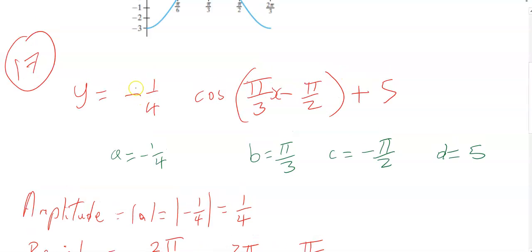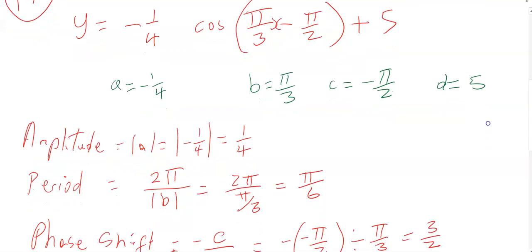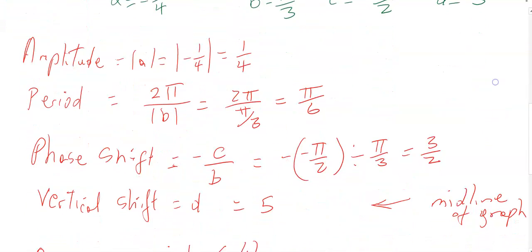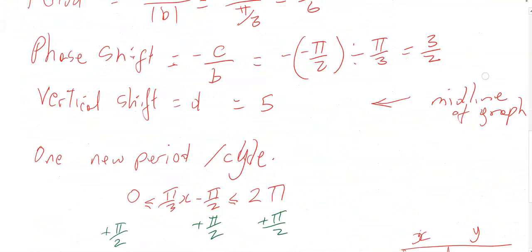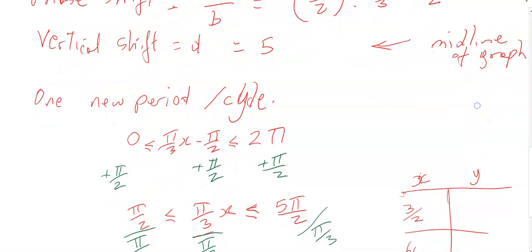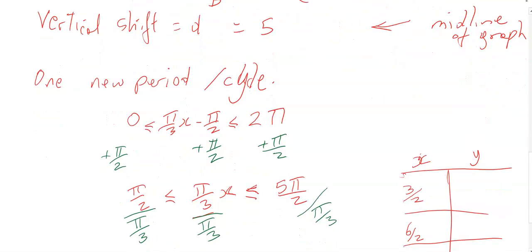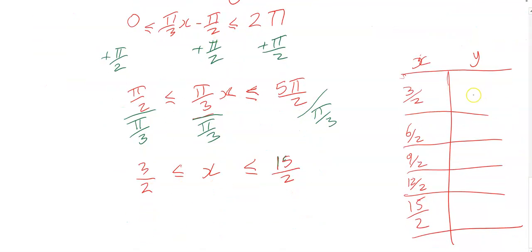Cosine function is going to be negative, so there's going to be a minimum where 3/2 matches that function. Your y value will be for 3/2 somehow.